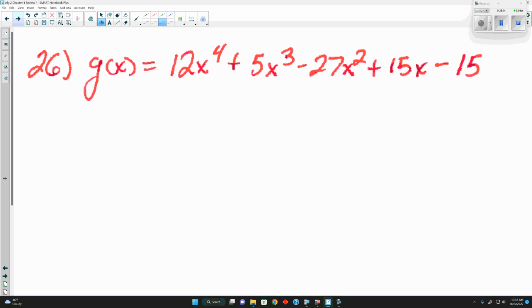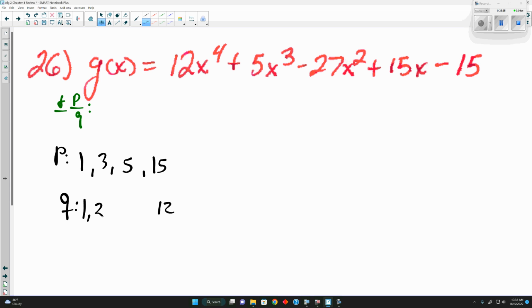We can go on and look at 26. So here, plus or minus p over q. Well, p here is going to be the factors of 15. So we'll have 1 and 15, 3 and 5. Q is going to be 1 and 12, 2 and 6, 3 and 4.